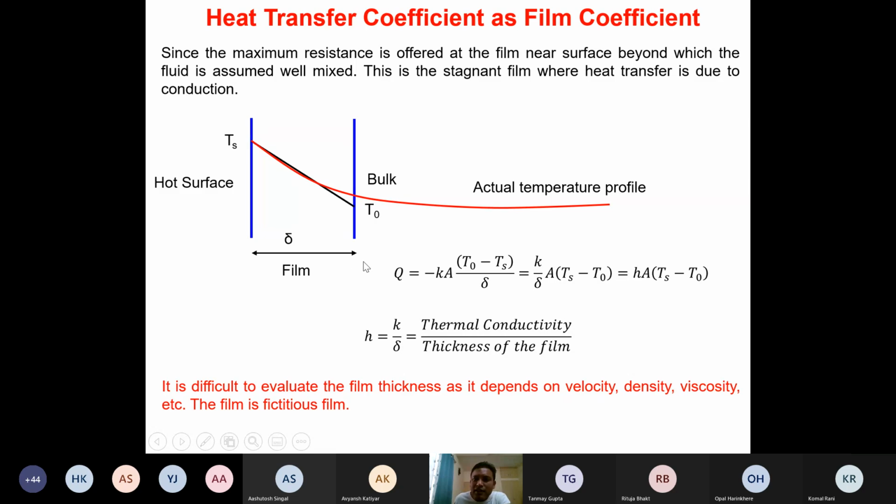But in this region, we can assume that the stagnant film is there, and in this case we can use the Fourier law of heat conduction to find out the rate of heat transfer. So the rate of heat transfer in this particular film can be obtained if we apply Fourier's law of heat conduction only in this film. Remember, this film is a very thin film, very close to the solid surface.